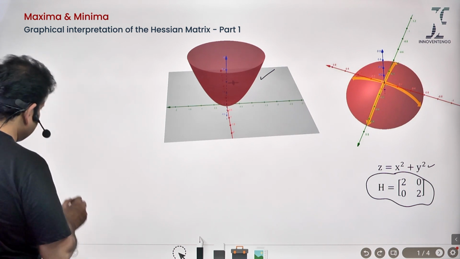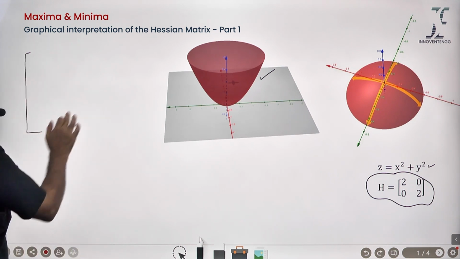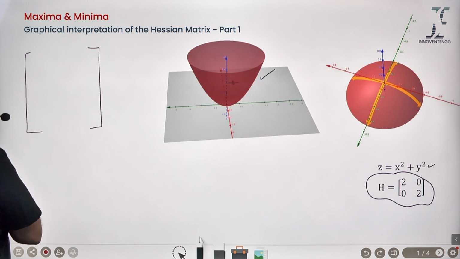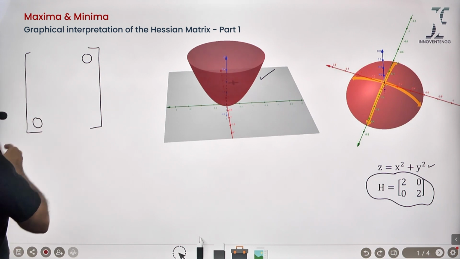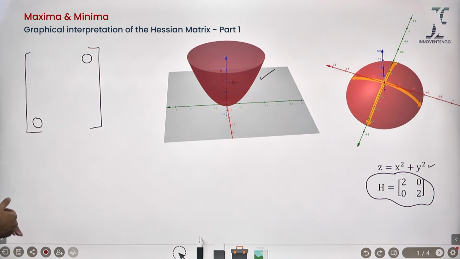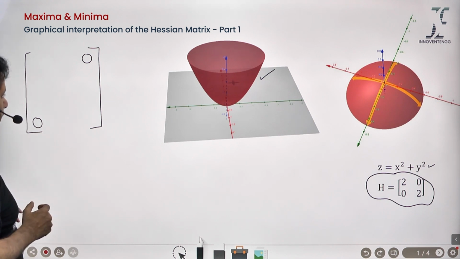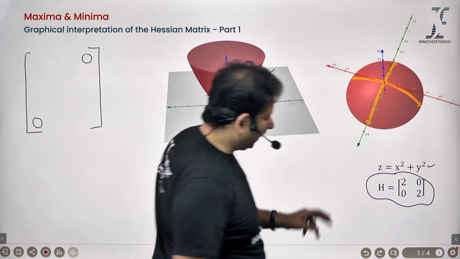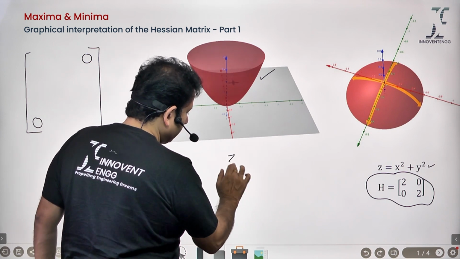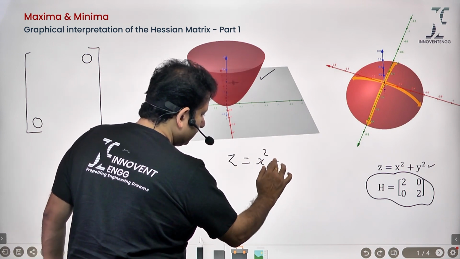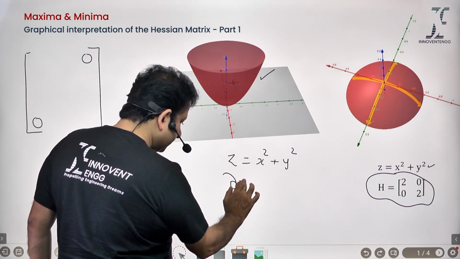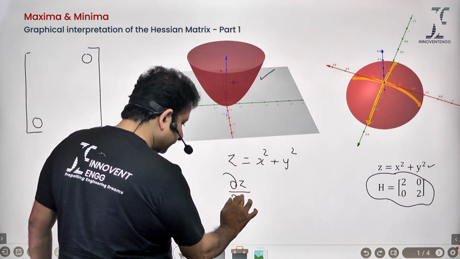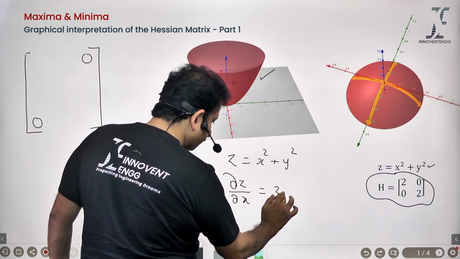How do you actually construct a Hessian matrix? The Hessian matrix, assuming that it is a pure diagonal matrix, would have 0 populating the anti-principal diagonal. That means each mixed derivative is equal to 0, and that is simply attributed to the fact that z is equal to x squared plus y squared, because when I seek the first derivative of z with respect to x, I am going to get 2x.